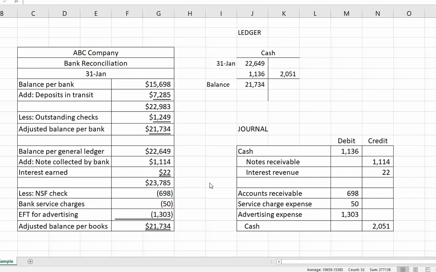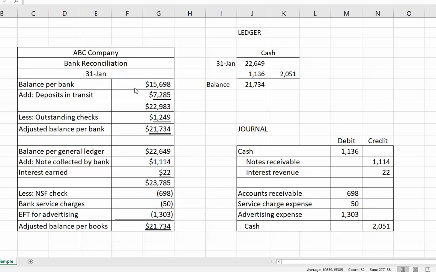Okay? All right, so we have a bank reconciliation for this company as of January 31st. The first thing we start with is balance per bank. All right, what does that mean? So you got a bank statement in the mail, or you got a bank statement online, and your bank statement says your cash account has $15,698 in it.